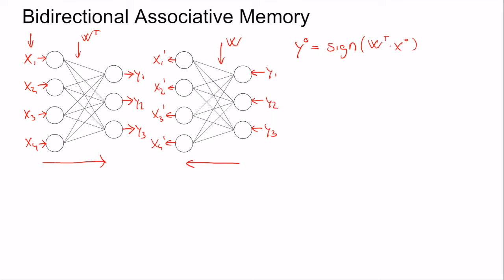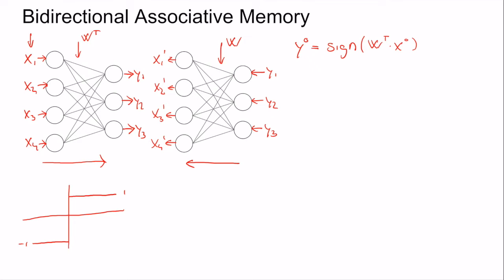And the sine function is pretty much like the step function, but instead of 0 for negative values, it's -1 for negative values. And then it's 1 for positive values. So this is the sign function. So this is the activation function that we use in bidirectional associative memory models.